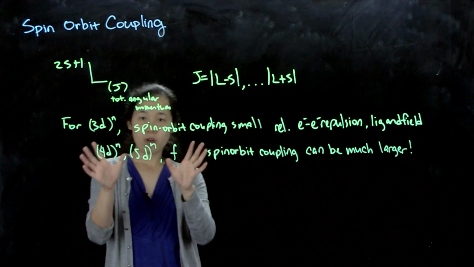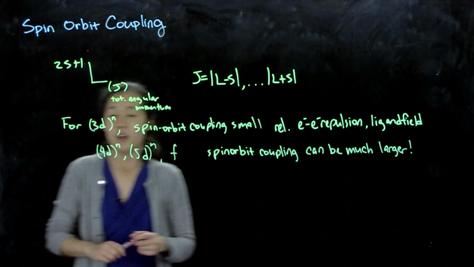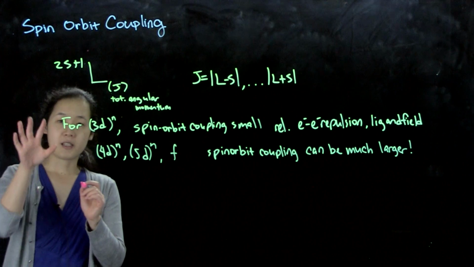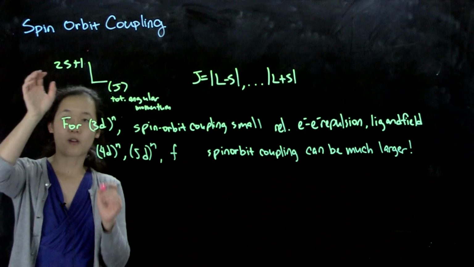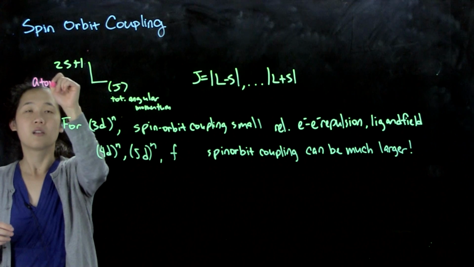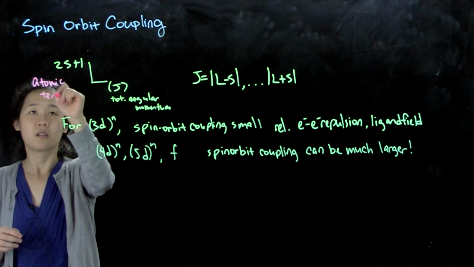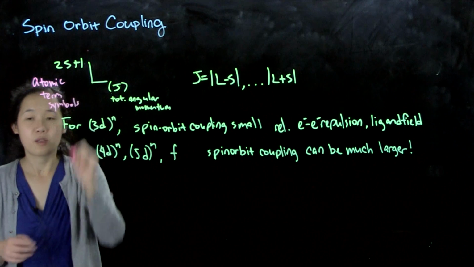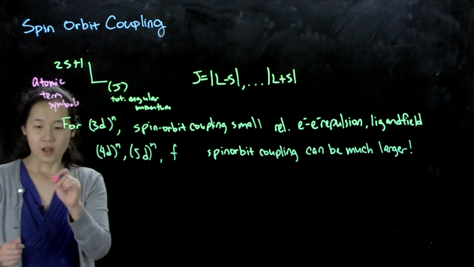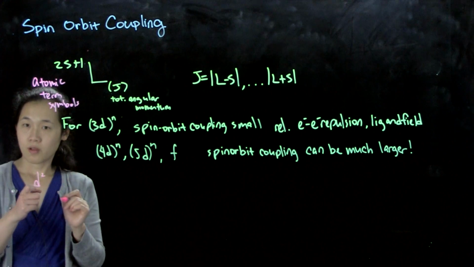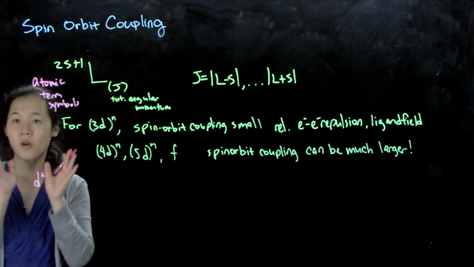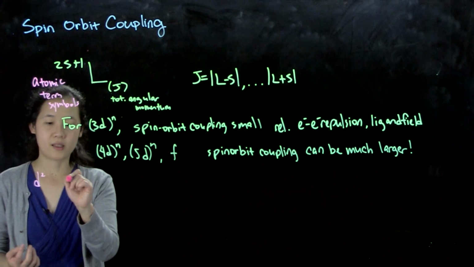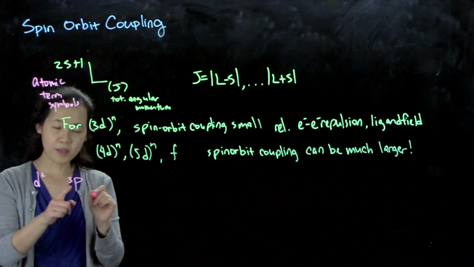OK, so for our atomic terms, just as one example, this was our Russell-Saunders scheme for atomic term symbols. If we did a d2 free ion configuration, so a free ion with no ligands, one of those free ion terms was the triplet P term.